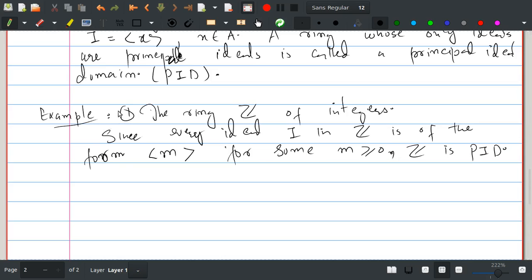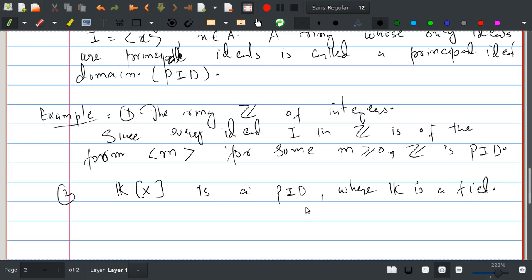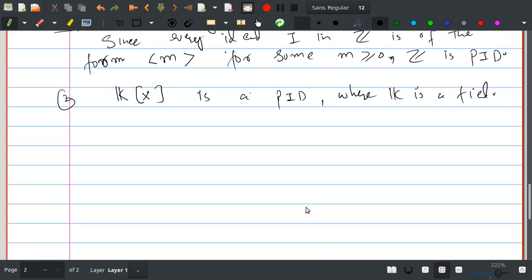So this is an example. Also, if K is any field and we look at the polynomial ring in one variable, say x, this is a PID. So the condition is that K has to be a field. So these are some examples.